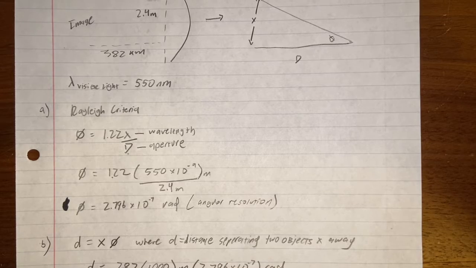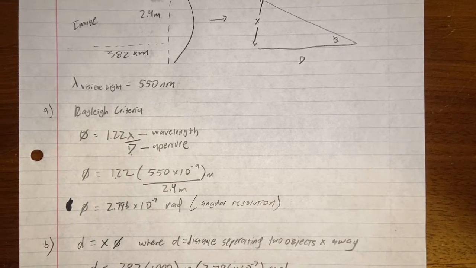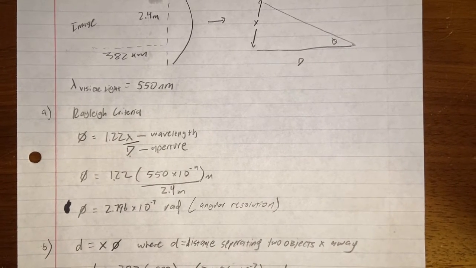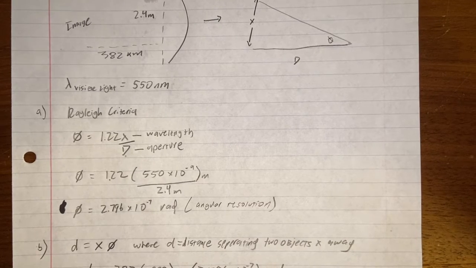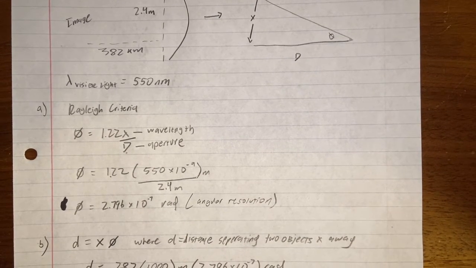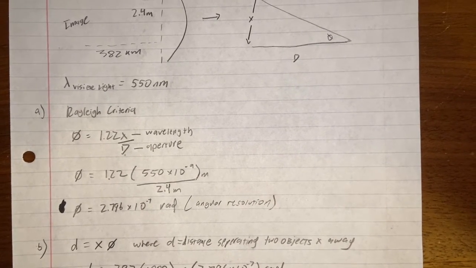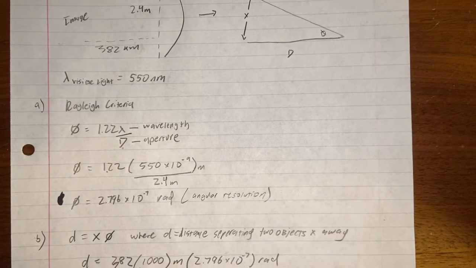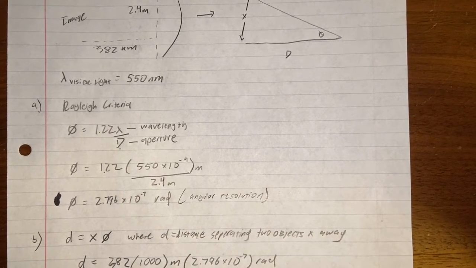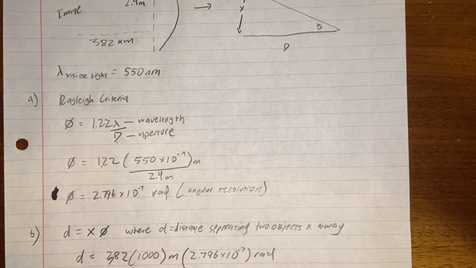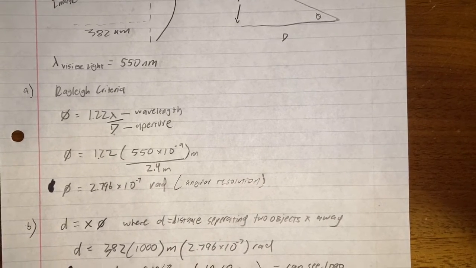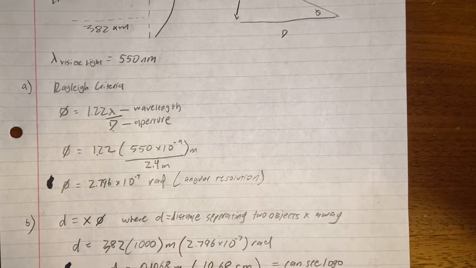So the first part asks, assuming that the resolution of the SPY satellite is only limited by diffraction, we use the Rayleigh criterion to estimate the angular resolution of the detector. So we know that the angular resolution, in this case theta, is going to equal 1.22 times the wavelength over the aperture.